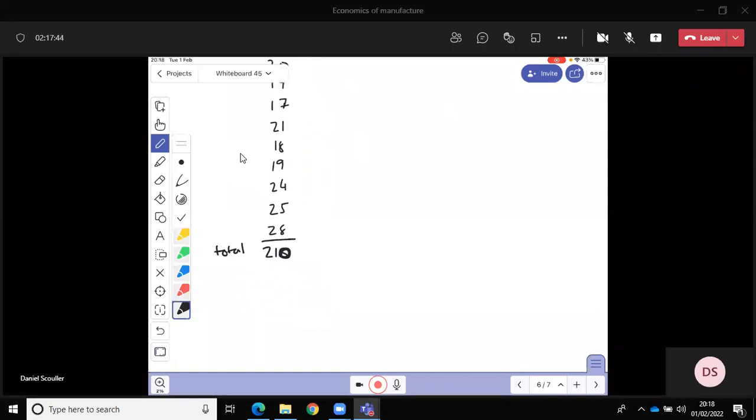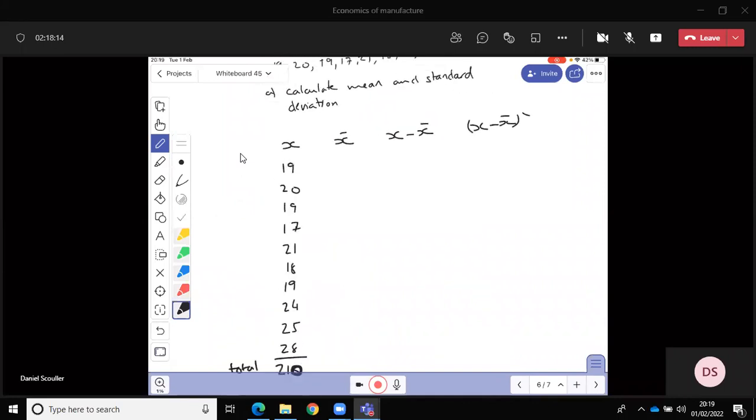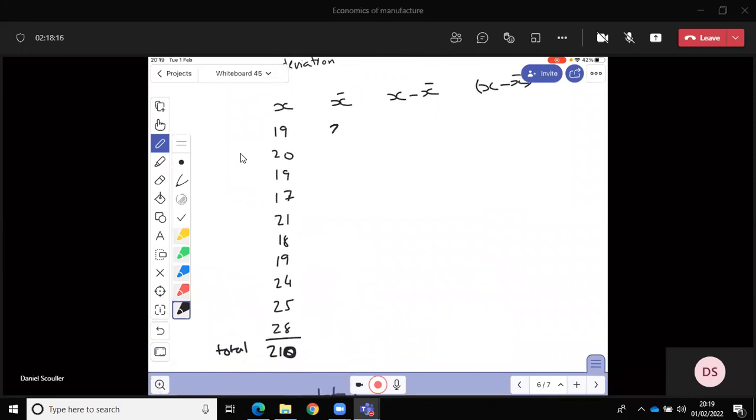We'll use that total to find the mean, over the number of numbers. So 210 divided by 10 gives us an average, or a mean, of 21 degrees. We put that in our second column: 21, 21, 21, 21.